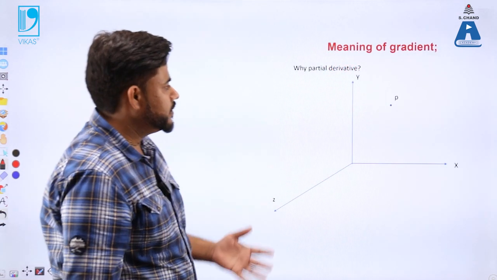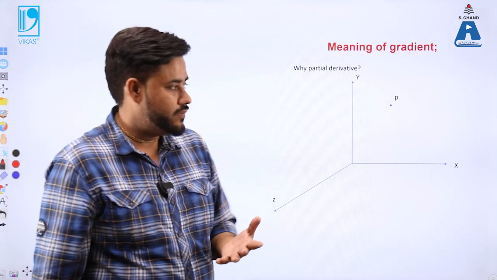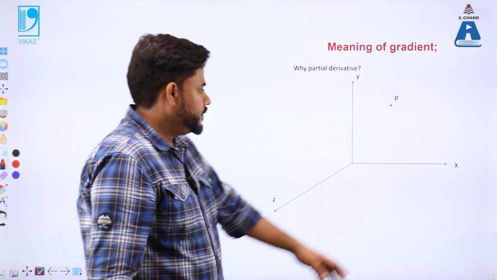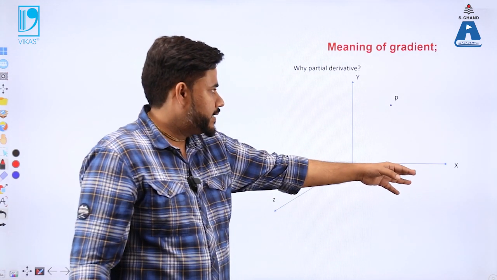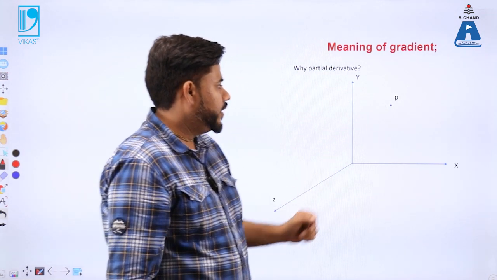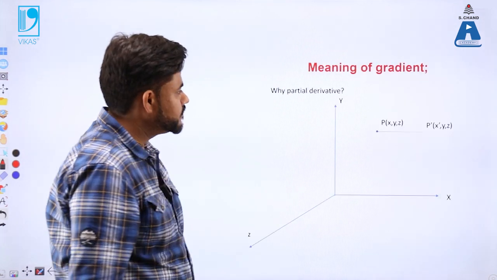Now, why does the gradient involve partial derivatives? Let us understand this concept. Let us have a coordinate system with x direction, y direction and z direction, and a point with the coordinate p.